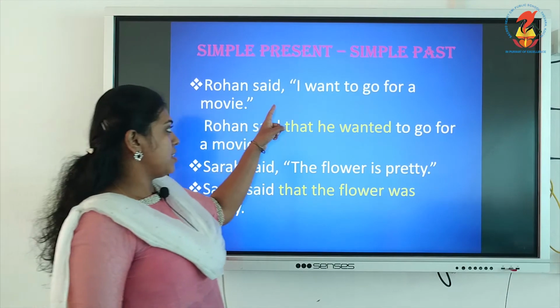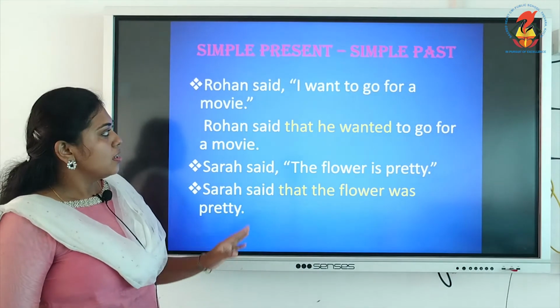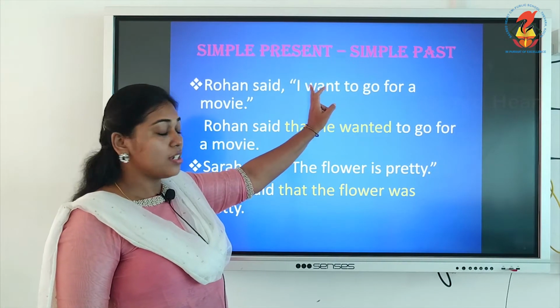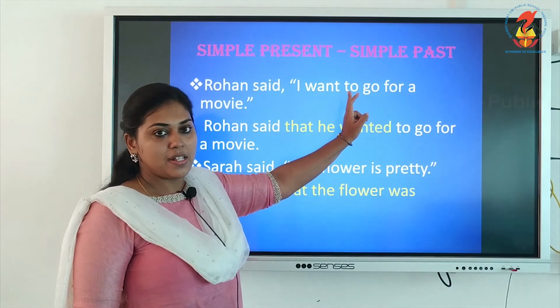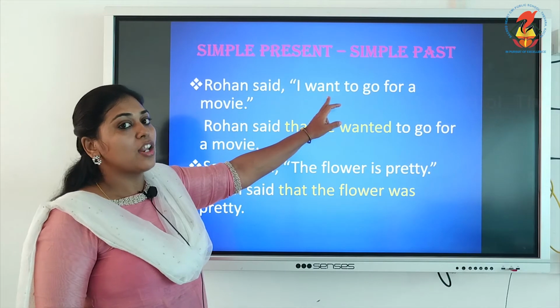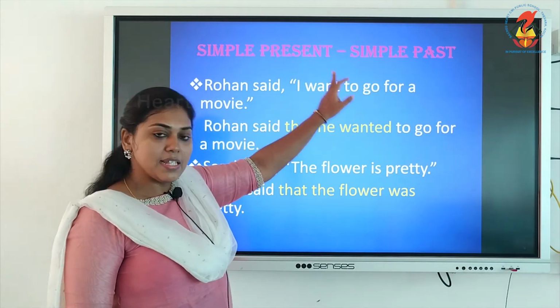Rohan said, "I want to go for a movie." What is the verb here, children? Want is a verb. So we understood that this is written in simple present form because I is the subject and no s is added along with the verb.